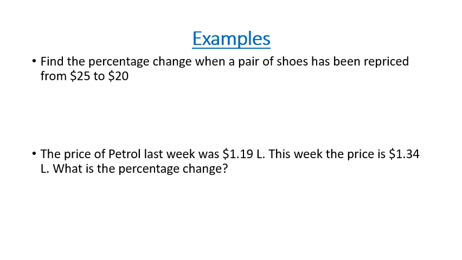Alright, so let's look at some examples here. We've got a question that says find the percentage change when a pair of shoes have been repriced from $25 to now $20. So the first thing we need to do is find our multiplier. Our multiplier is going to be our new amount divided by our original amount.